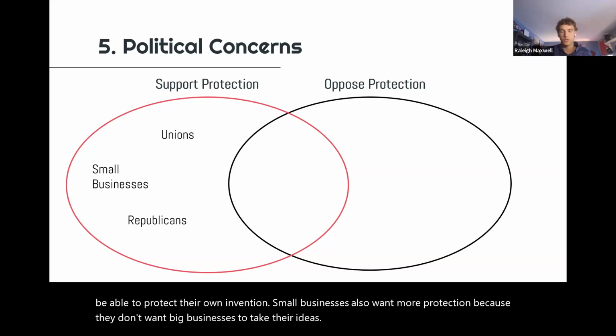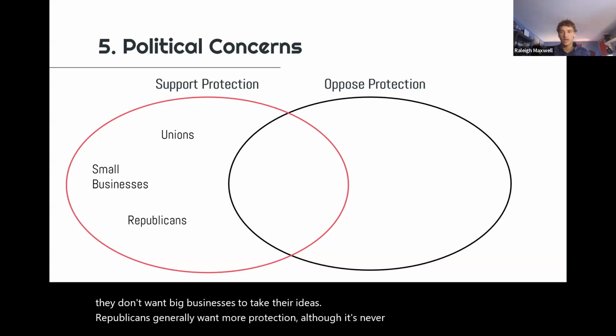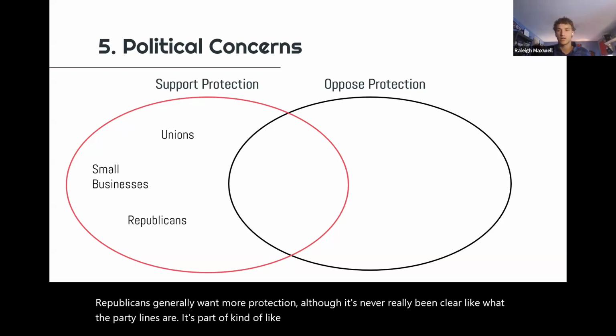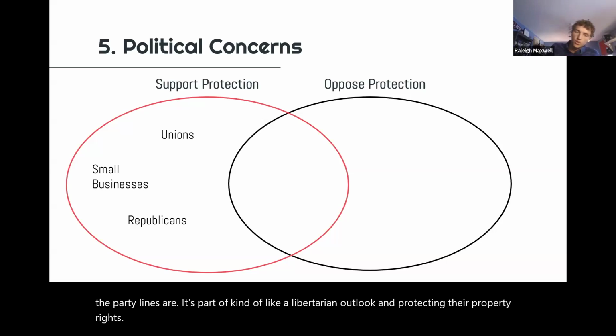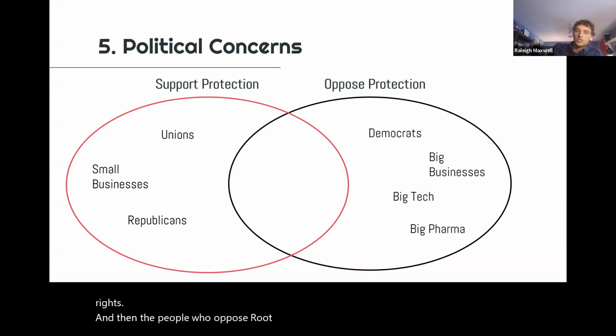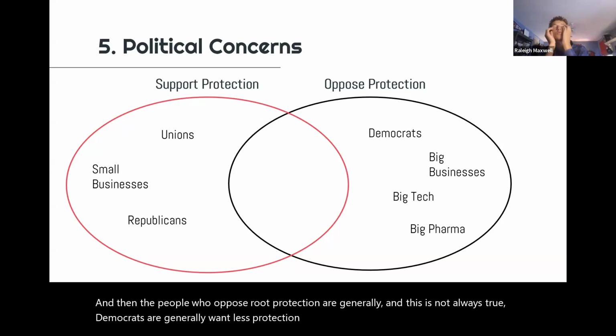Republicans generally want more protection, although it's never really been clear what the party lines are. It's part of a libertarian outlook and protecting their property rights. And then the people who oppose protection are generally, and this is not always true, Democrats, who generally want less protection. The most recent example was the COVID example I talked about earlier.